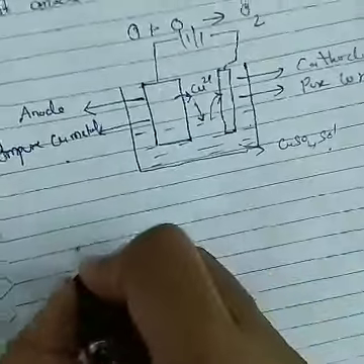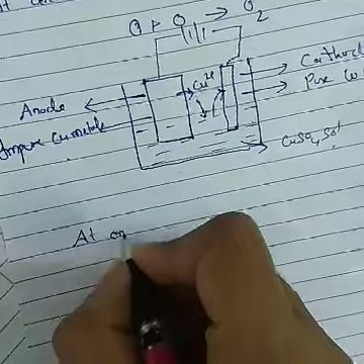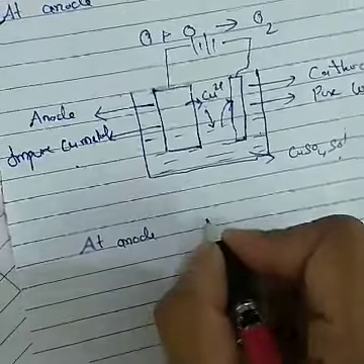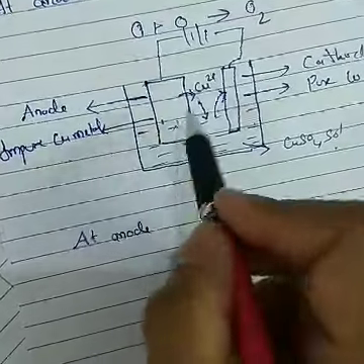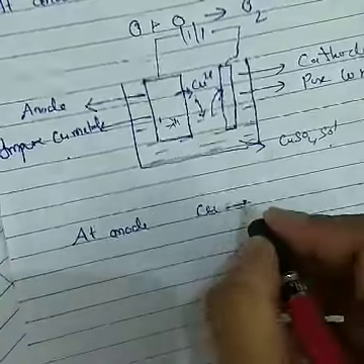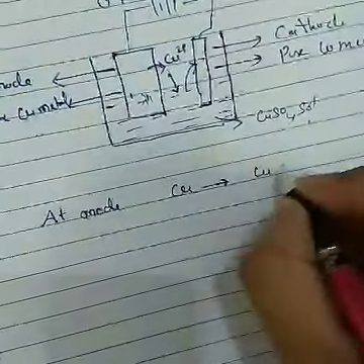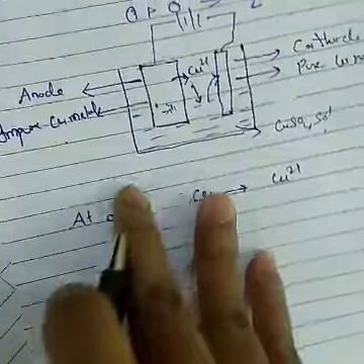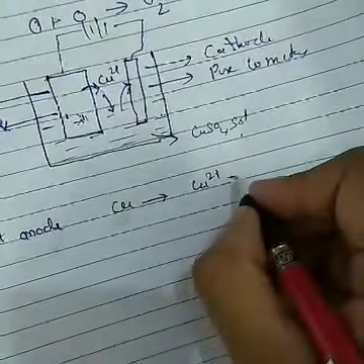What happened at the anode? What reaction has taken place at the anode? Impure copper metal comes out in the form of Cu2+ ions and 2 electrons are released.